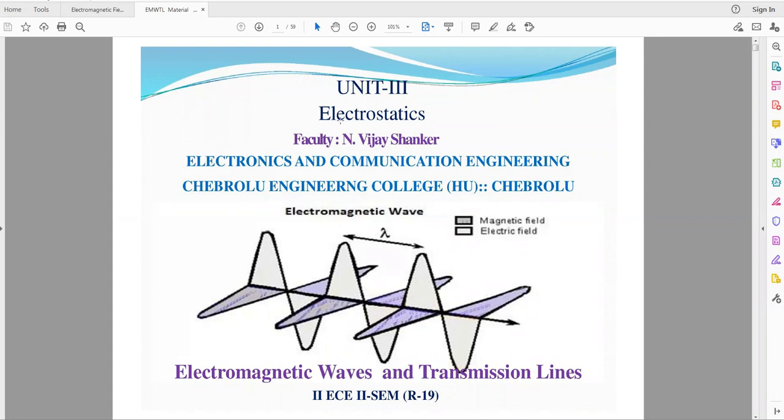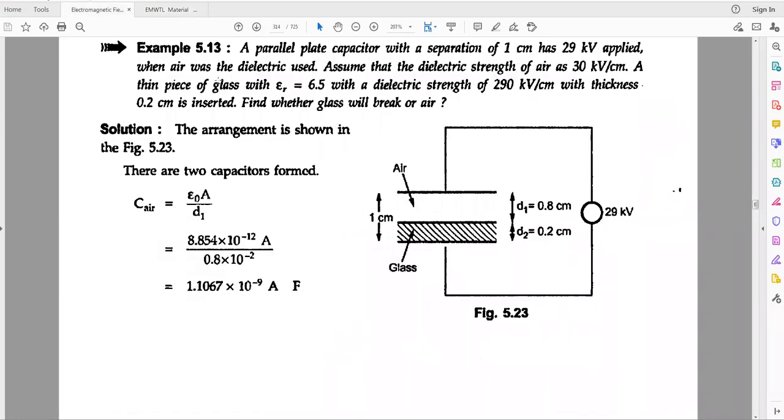Today, we are going to discuss some more examples in electrostatics in Unit 3. A parallel plate capacitor with a separation of 1 cm has volts applied when air was used.